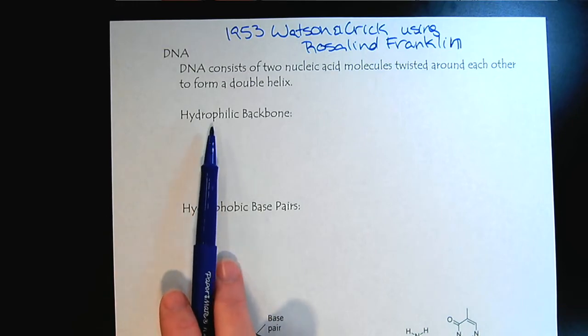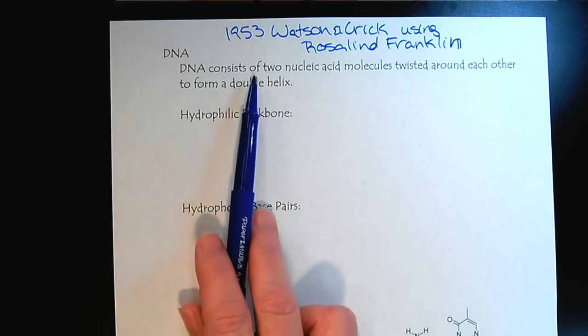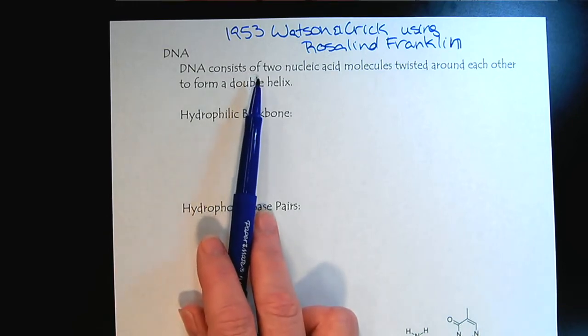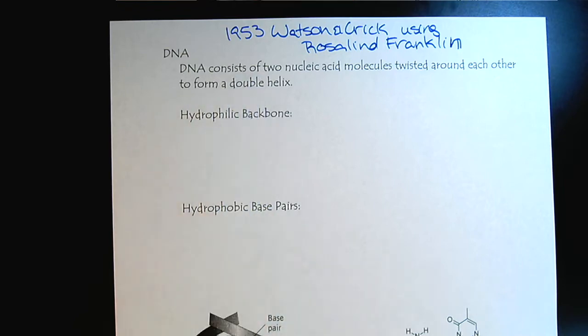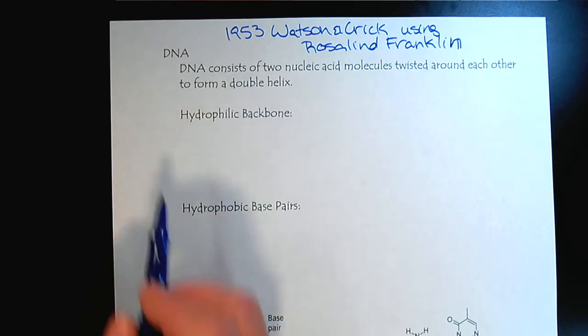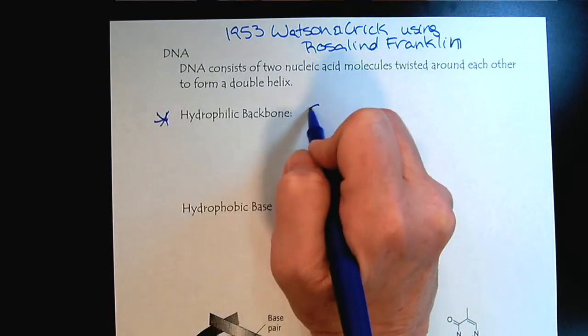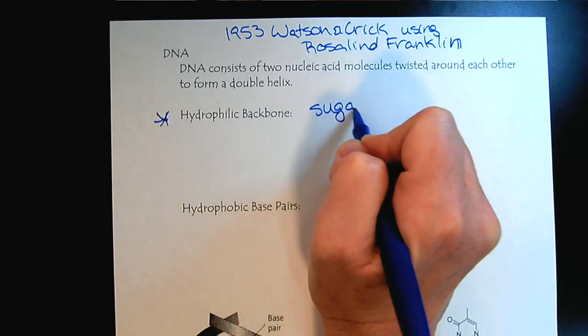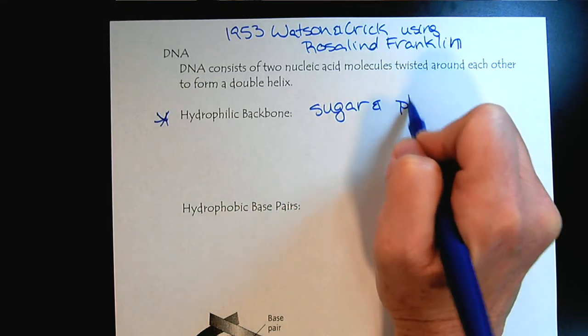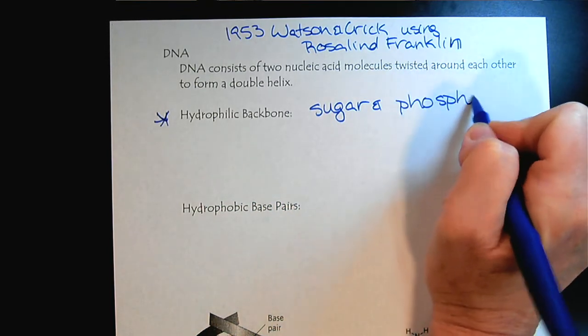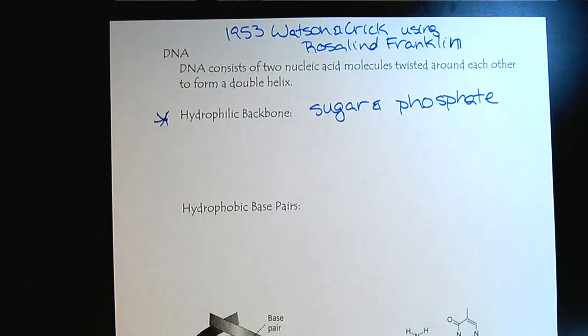And so now let's think about the nucleic acid structure and how it creates this double helix, right? Well, there's the hydrophilic backbone. So this is where we have the sugar and the phosphate. So what do we know? Why would those be hydrophilic?